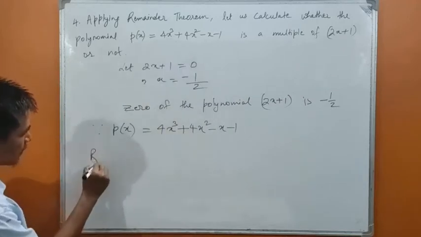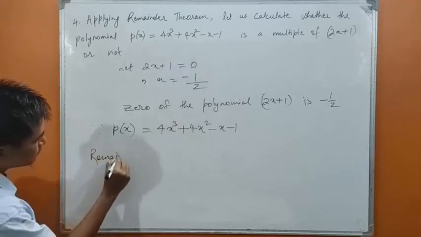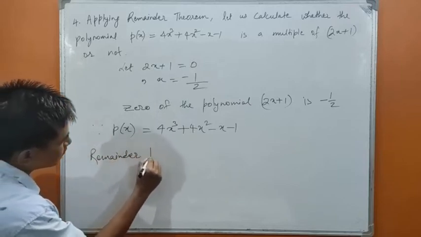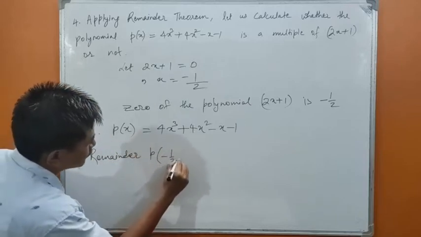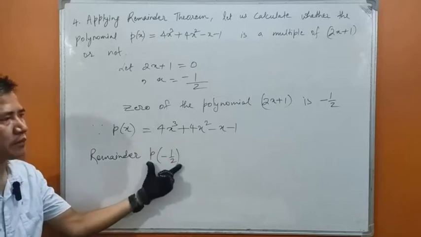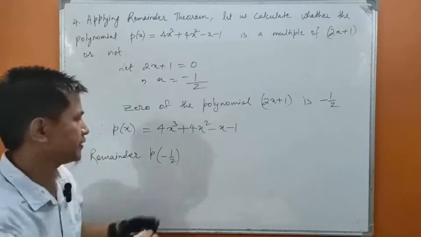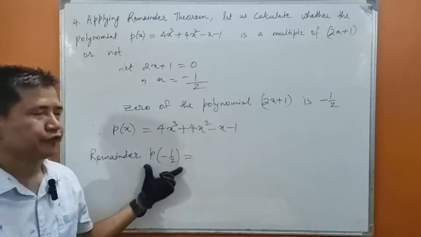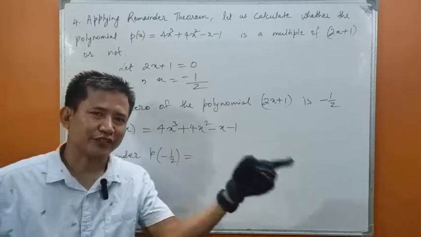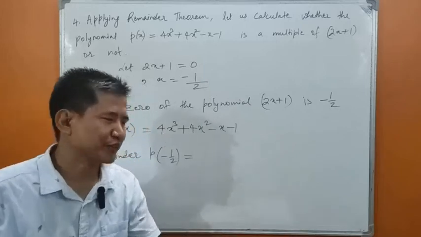According to the remainder theorem, the remainder will be p(minus 1 by 2). If you have no idea about this, please check the remainder theorem. Find the link below in the description.